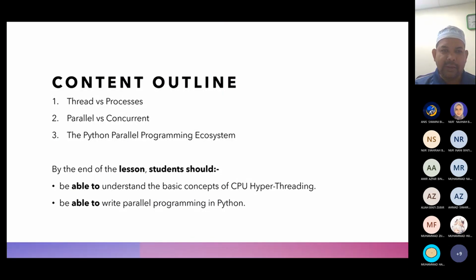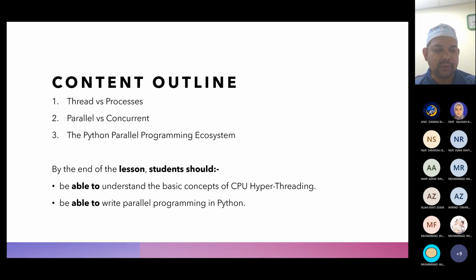So our content outline for today is thread versus process. Before we learn about Unix multiprocessing, the first chapter is process, right? What is a process? How does a Unix process work?